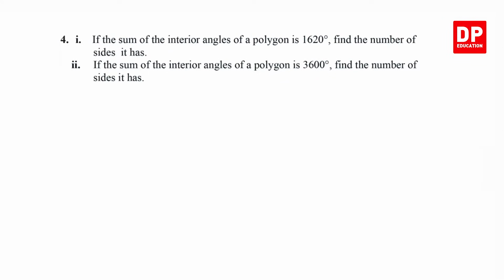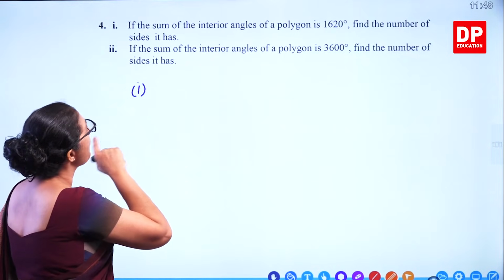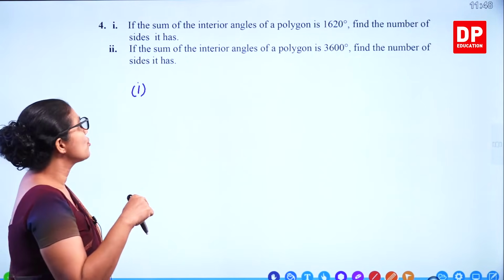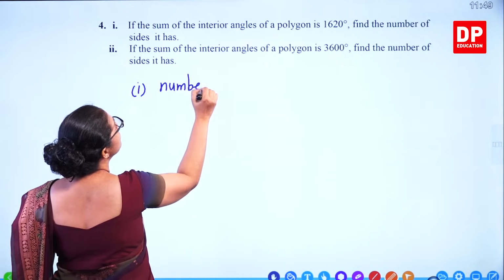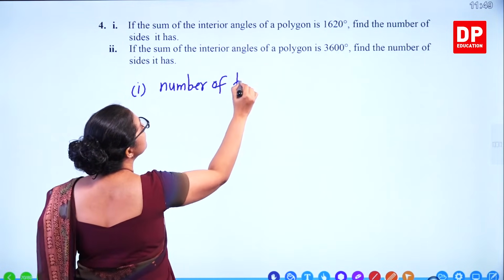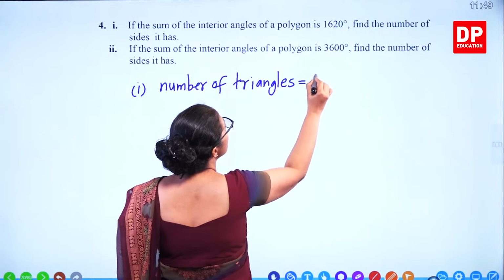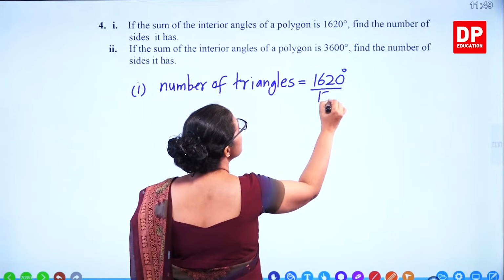If the sum of the interior angles of a polygon is 1620, find the number of sides it has. We can find out the number of triangles and then add 2 to that. Number of triangles: 1620 divided by 180.